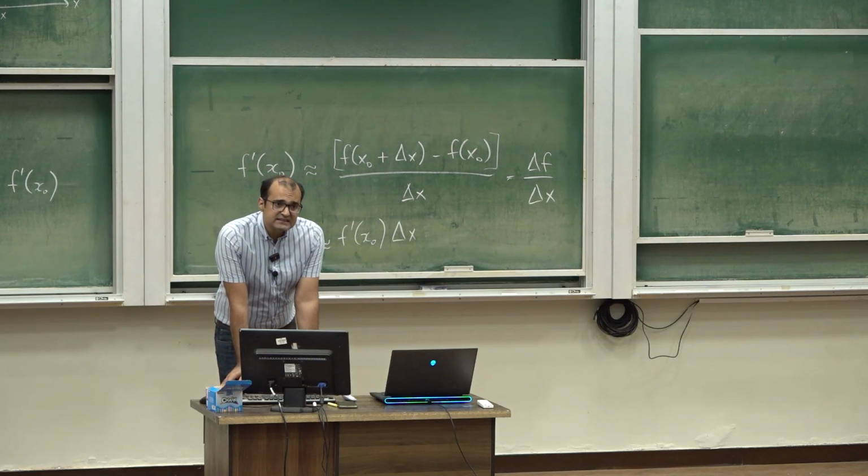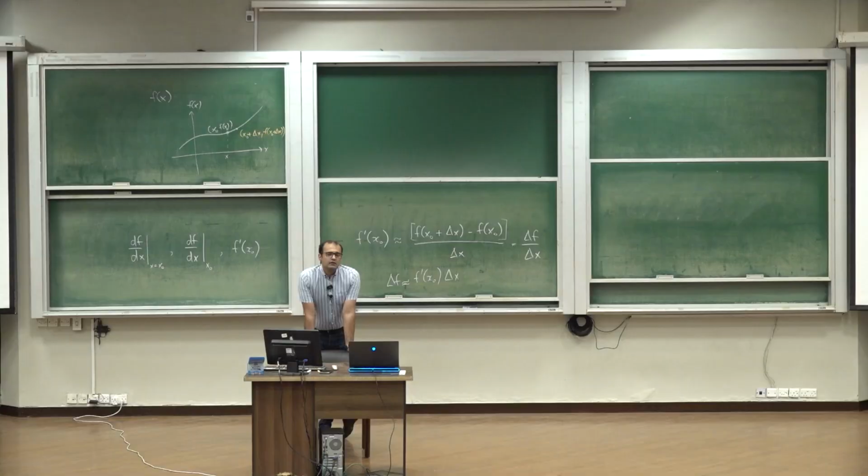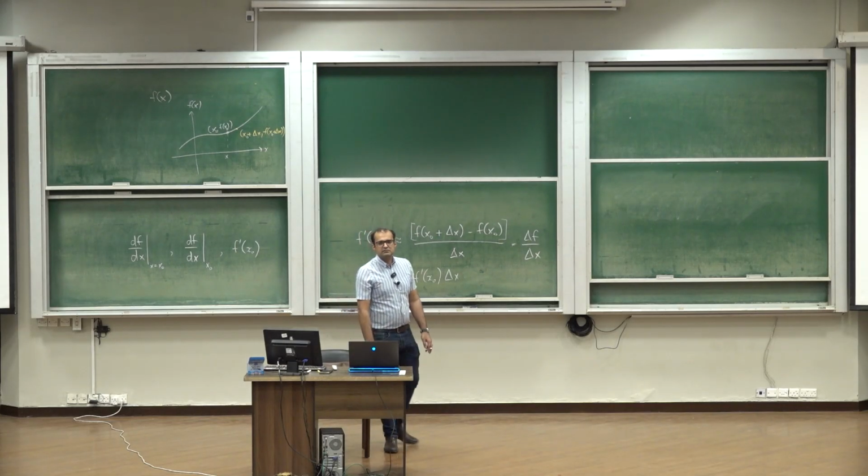In other words, if I say that you're moving with a speed of 60 kilometers per hour, what's the distance you have traveled in 1 second? It's approximately speed multiplied by time. But that is only approximately. If I say what's the distance traveled in a time interval of 0.0001 seconds, then even though your speed may be changing, for such a small interval of time, your speed is approximately constant.